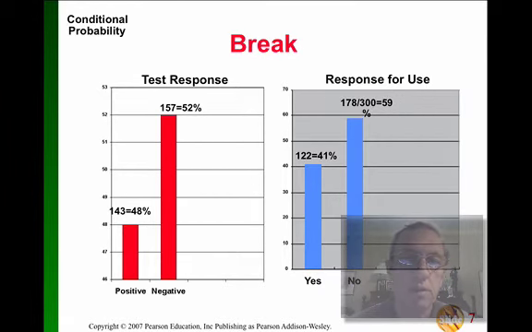This is a good, powerful tool, just getting the relative frequency charts out on the table. But a lot of times people stop there, and I think it's a mistake.